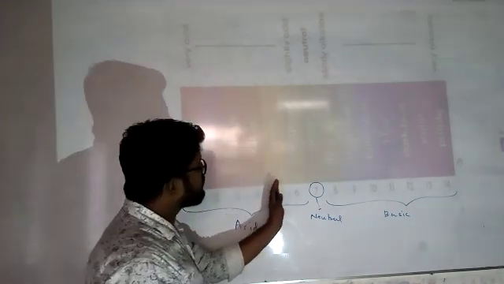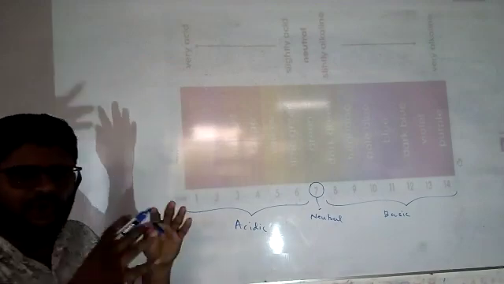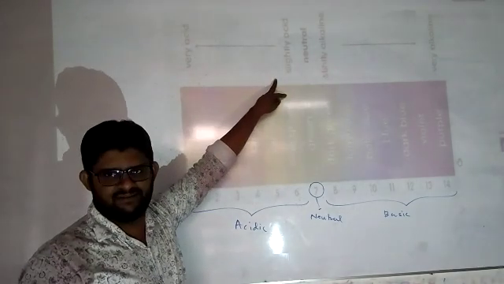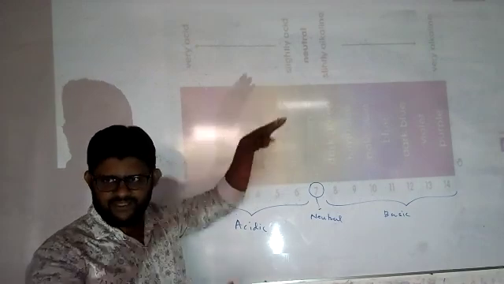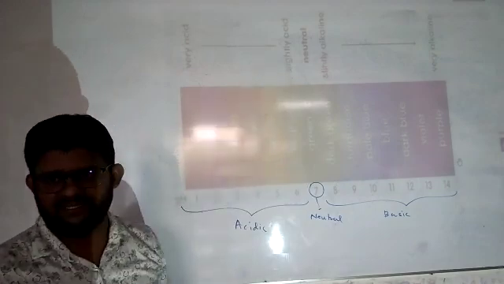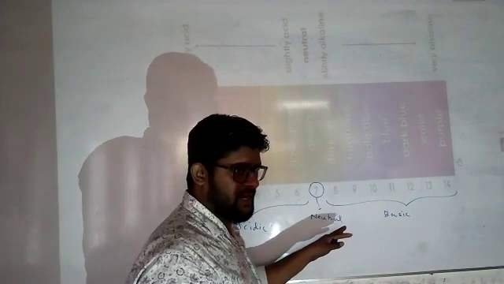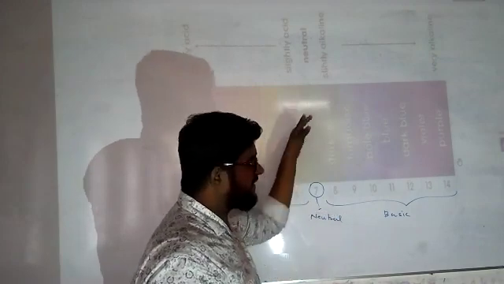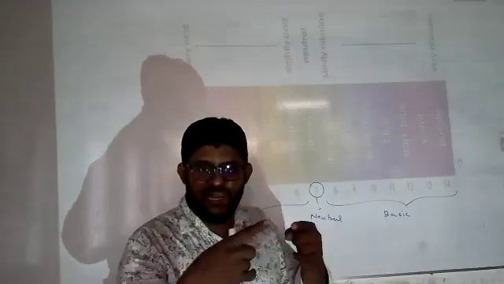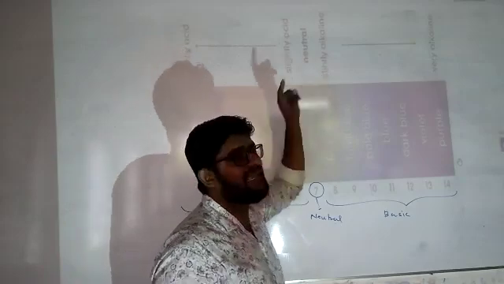A number close to the neutral value, somewhere like 5, 6, with lime green, yellow-green colors, then it should be a weak acid, slightly acidic. Now with a component, if this color change is given when you apply pH papers, it is slightly acidic. And then it becomes neutral. Neutral means green color. And then it becomes very dark green or else turquoise. Now the green blue mixed color is there. Such a color means it should be slightly alkaline.